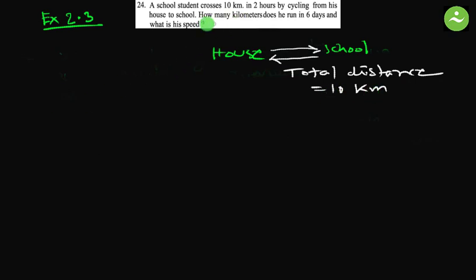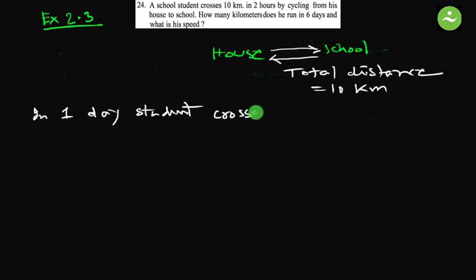Question is asking how many kilometers does he run in 6 days? So because we have to find out the kilometers, we have to put kilometers on the right and days on the left. So we can write in 1 day, student crosses how many kilometers? 10 kilometers.